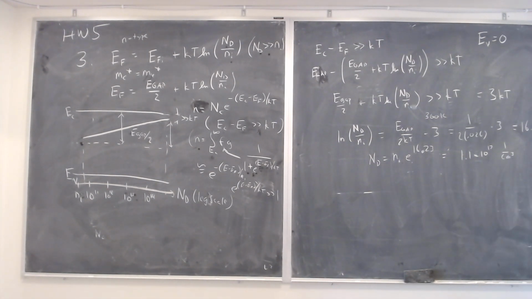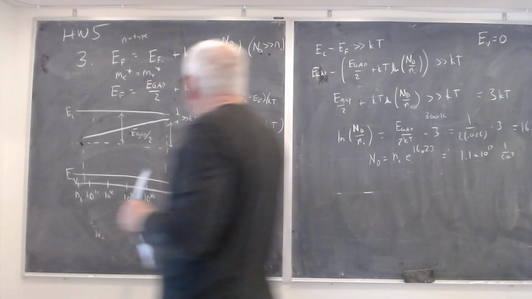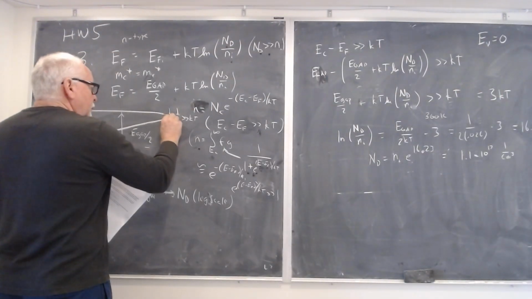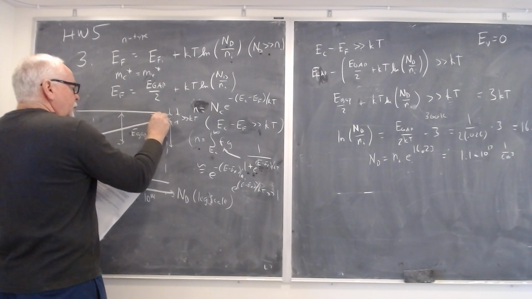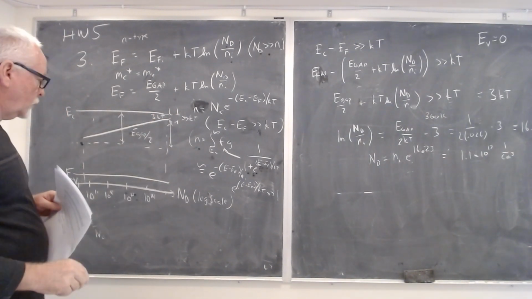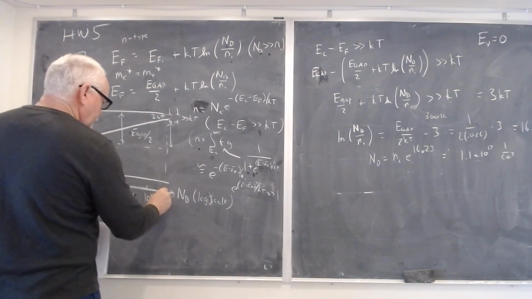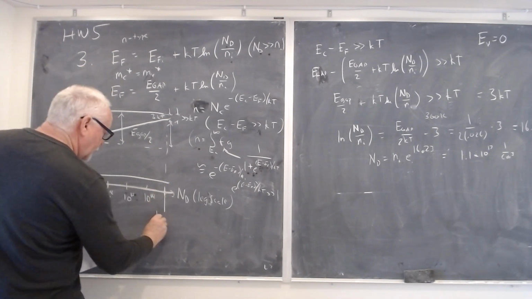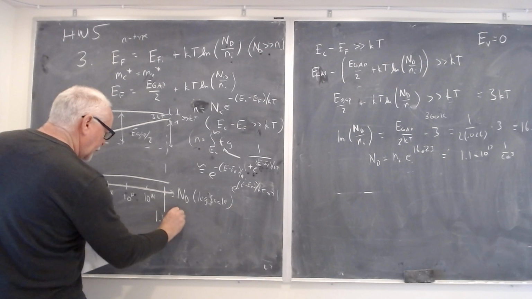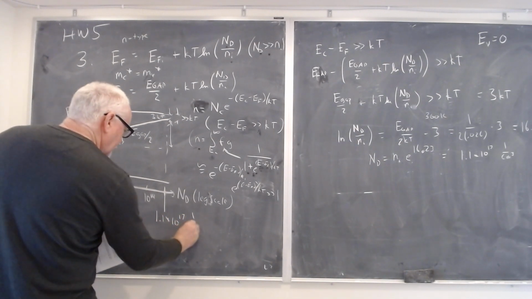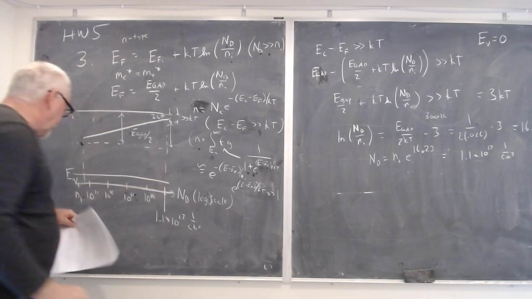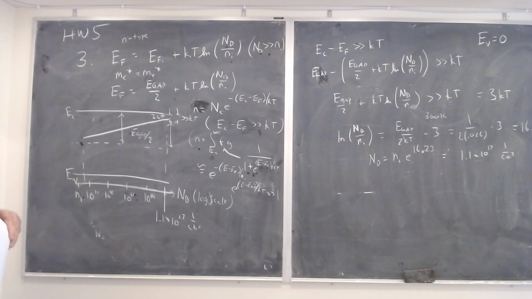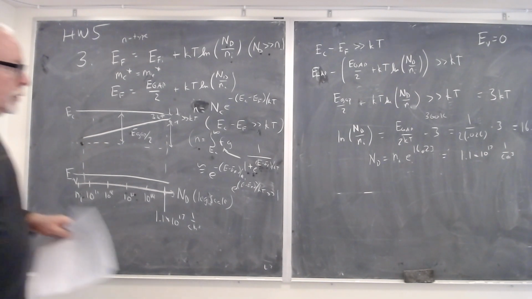centimeter cubed. So, basically I solve for when this is 3 kT. And so that works out that for 300 Kelvin, the limit is 1.1 times 10 to the 17 per centimeter cubed, if Ni is 10 to the 10th.